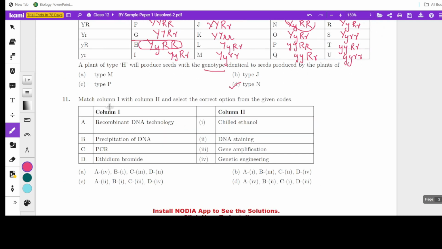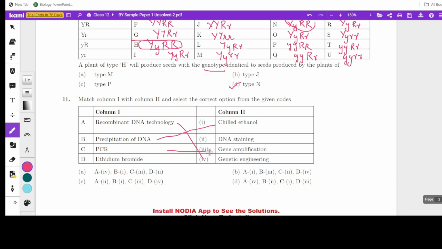Now, match column 1 with column 2 and select the correct option from the given codes. DNA recombinant technology. What is DNA recombinant technology? Yes, it is genetic engineering. We know it is genetic engineering. Precipitation of DNA. What do we use here for precipitating? That's the pooling process. We use chilled ethanol. PCR, polymerase chain reaction. What we do is actually amplifying the number of genes.